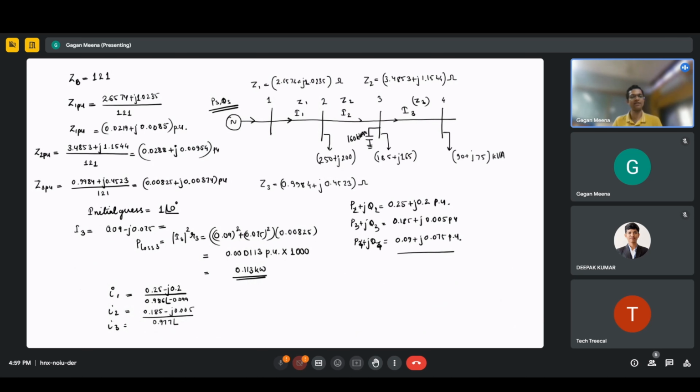So you can directly add these things. For I1, we want only I1, and I1 is the sum of all the currents.